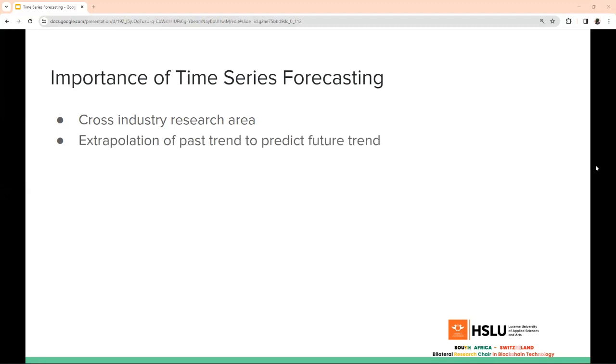Essentially what we're trying to do is extrapolate based on past trends and predict the future trend. That is one example of time series forecasting. It can be as simple as just extrapolating from the past trend and trying to predict the next weekly or hourly trend of energy demand, or we can go to quite complex stochastic models where we're trying to model something like the short-term price movements of a stock, right?